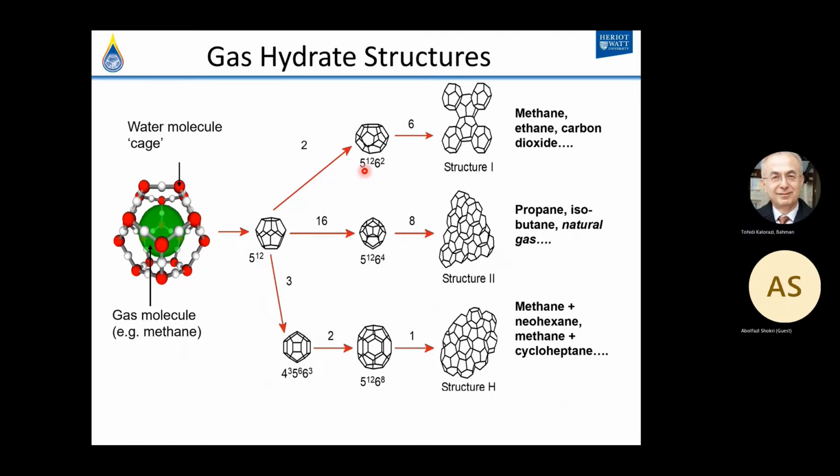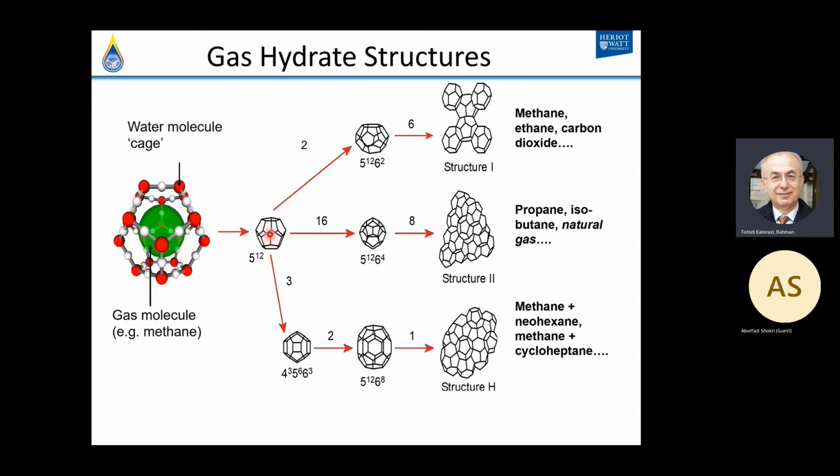sides. From this, 12 sides, from these 12 are pentagonal. They are pentagonal. Here we have 14 sides, and then here 12 of them are pentagonal, 2 of them are hexagonal.